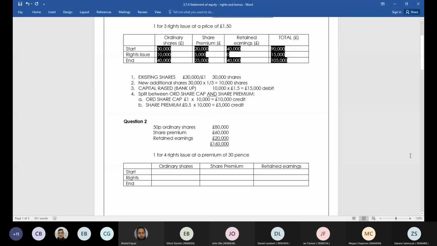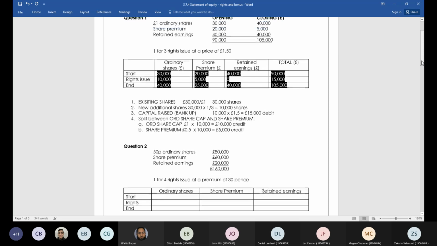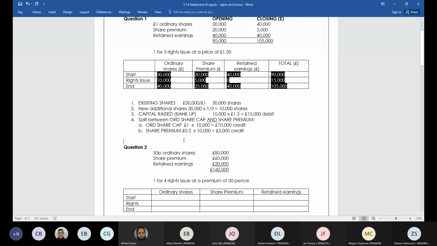Question 2. You don't have to faff around with the changes that I'm making, just get on with the question, really.